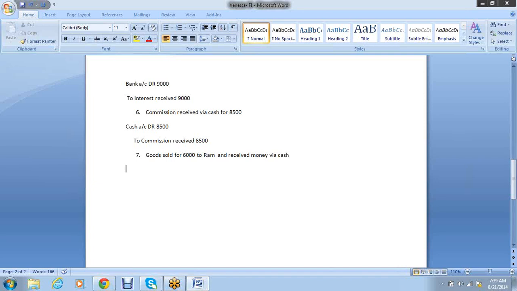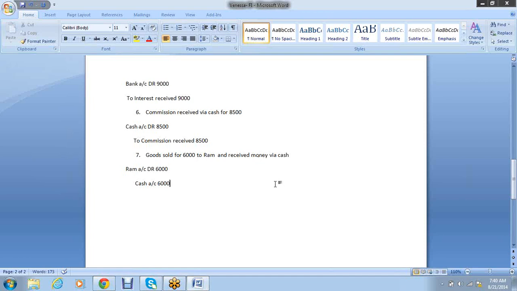Goods sold for rupees 6,000 to Mr. Ram and received money via cash. So Ram's account will be debited, he will receive the goods, the goods account will be credited, and the cash account will be credited.